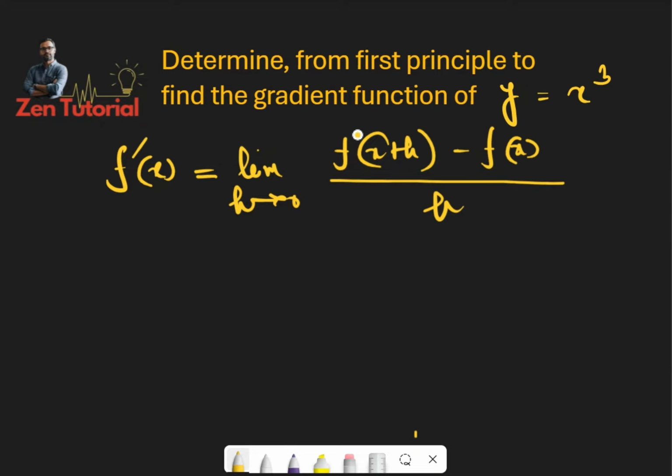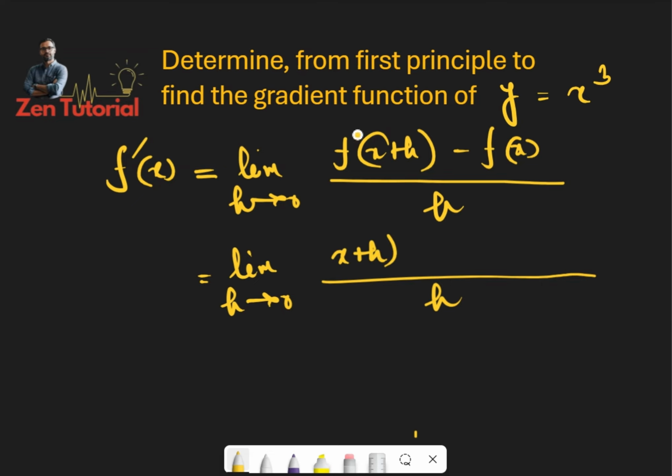This is the definition. Now plug in the value: limit h tends to 0, 1 by h, and as the function y is equal to x cube, now we have to write down x plus h instead of x, so it will be x plus h whole cube minus f of x, meaning x cube.